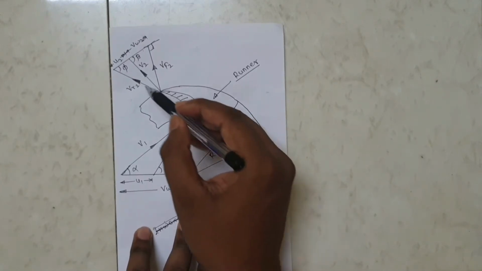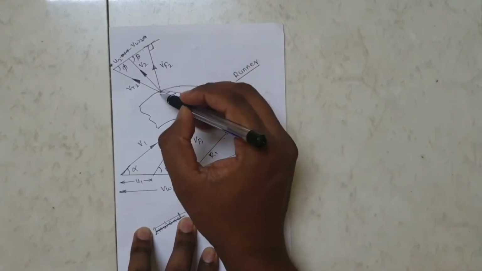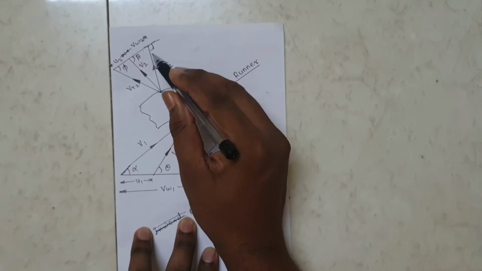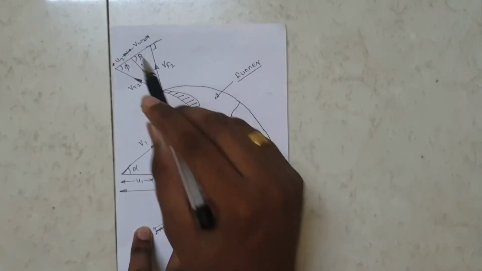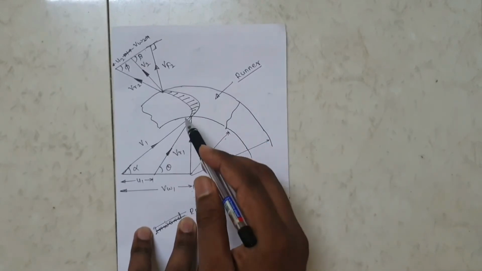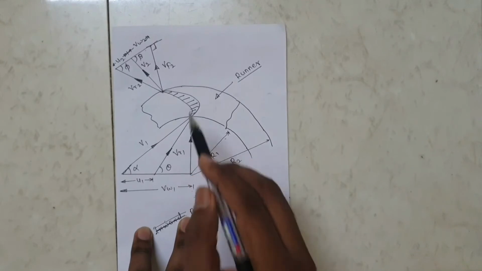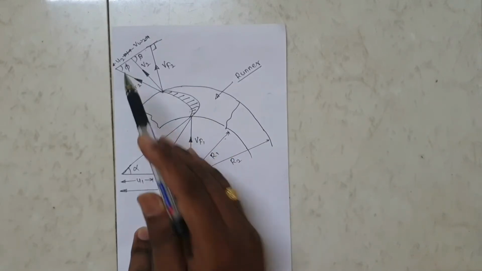And the outlet triangle looks like this. The outlet velocity is V2, this is the outlet flow velocity VF2, and this is the relative outlet velocity VR2. Always, the angle made by the relative velocity is the blade angle. That is theta and phi.